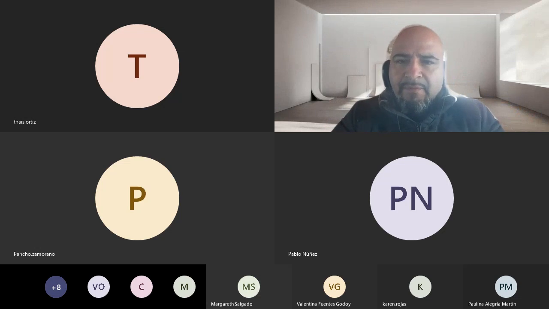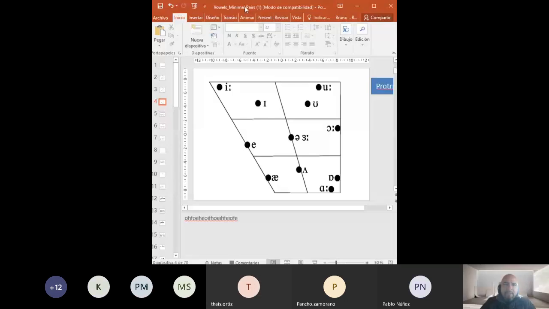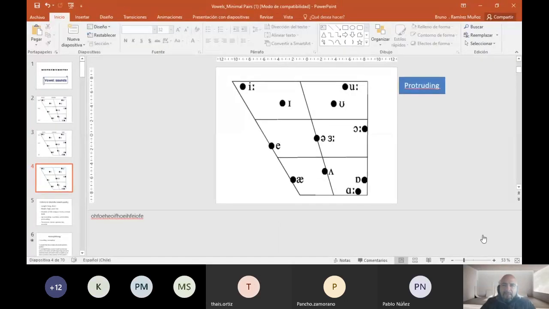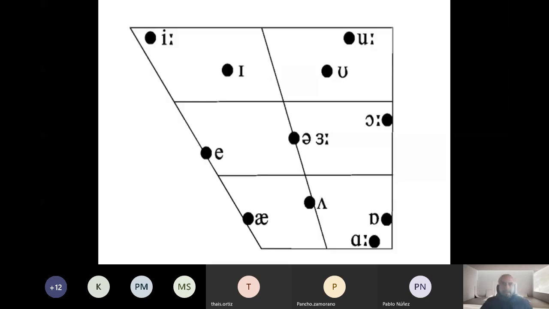And before moving on to our next topic, some of the things that I would think that so far you are familiar with are, for example, the description of the different vowel sounds, the comparison between two or more sounds.